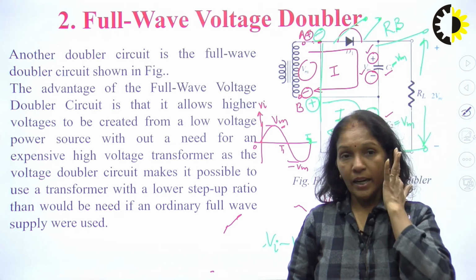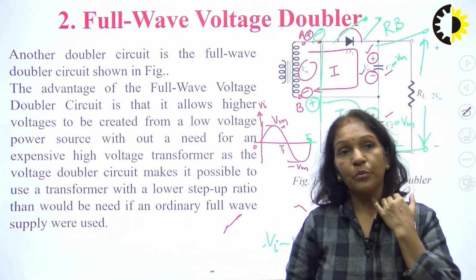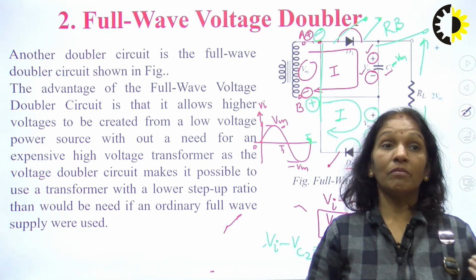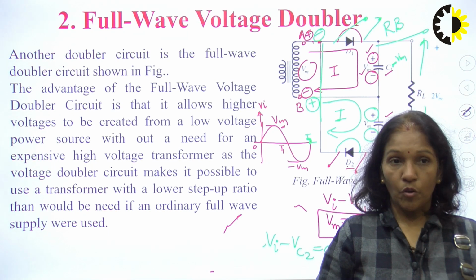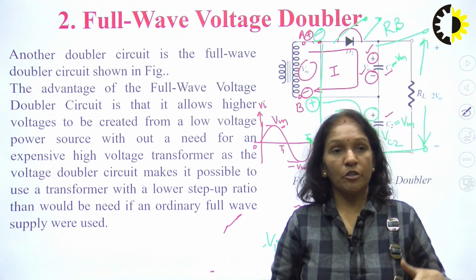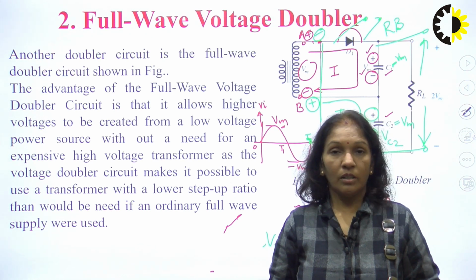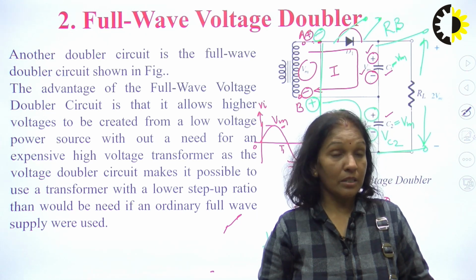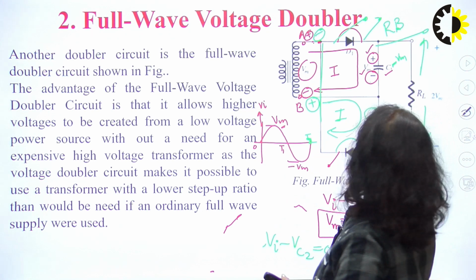So, you can say that instead of using a very expensive high voltage transformer, we can use a lower step up ratio transformer for the purpose of the voltage doubler circuit.